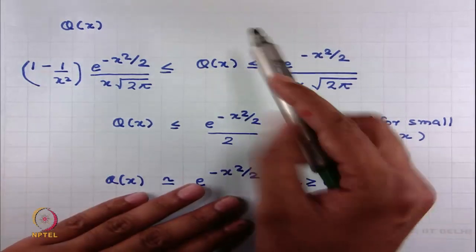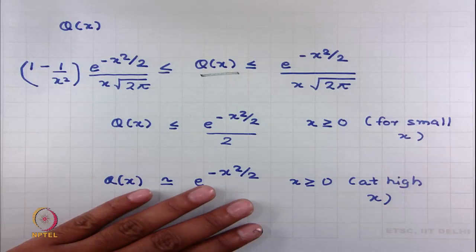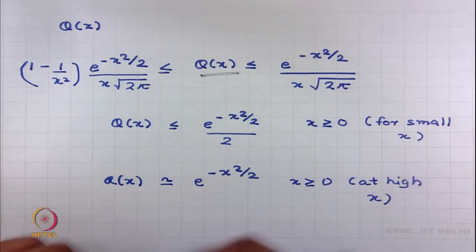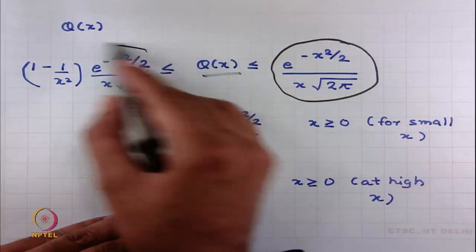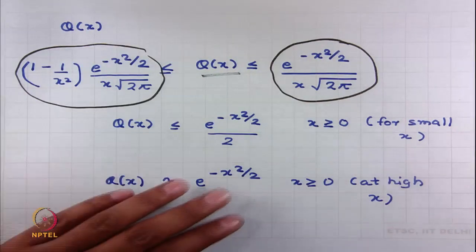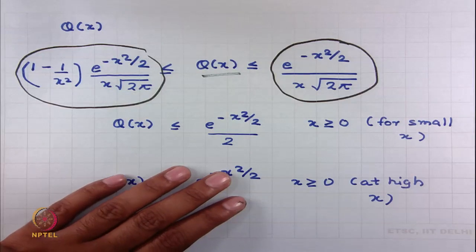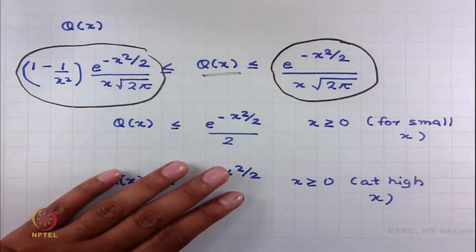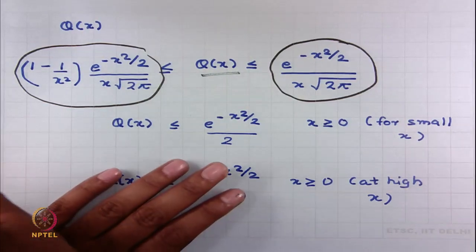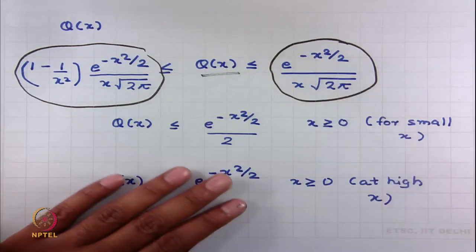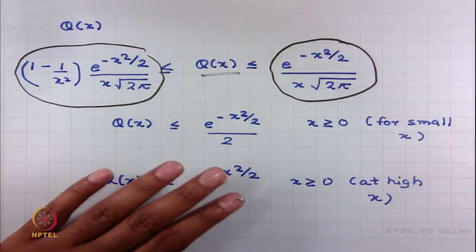For example, Q of x always lies between this function and this function, you do not have to remember this by heart. What you should know is that some approximations of Q of x exist. So, if you ever want to approximate Q of x in terms of these exponential functions which are easier to deal with, you can look at them and find out.